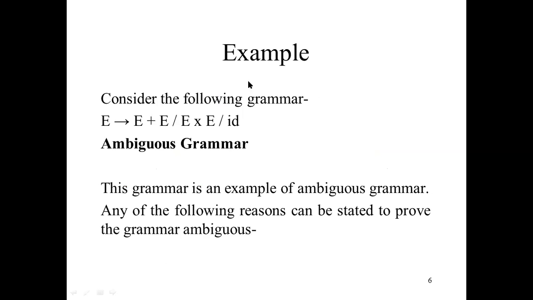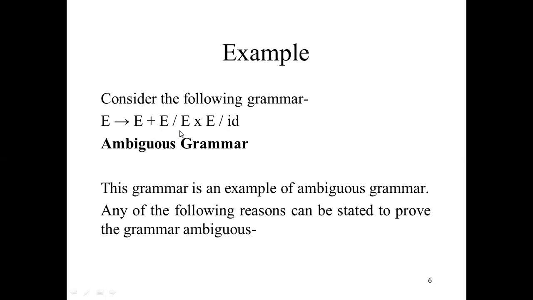Now just we are considering an example. Consider the following grammar. E is here assigning E plus E, slash E, operator symbol multiplication E, oblique ID, means this is the slash divide sign.